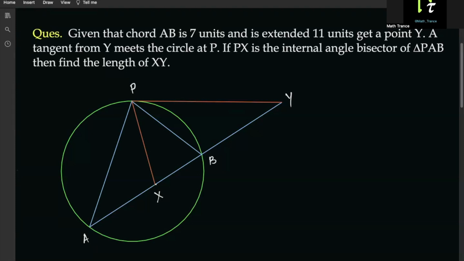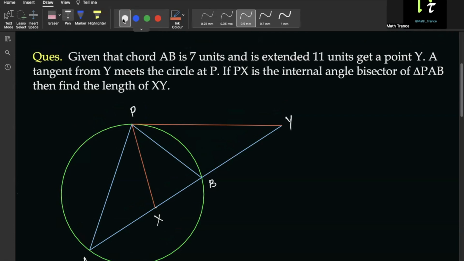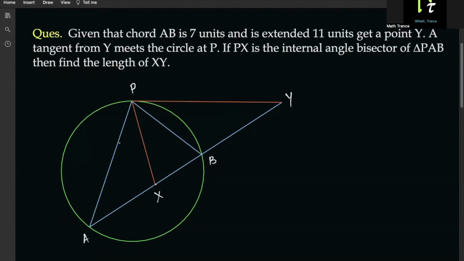Okay, so I hope you have given it a fair amount of thought. So let me attempt it. Given that chord AB is 7 units, the first thing that we will do is just label it correctly.